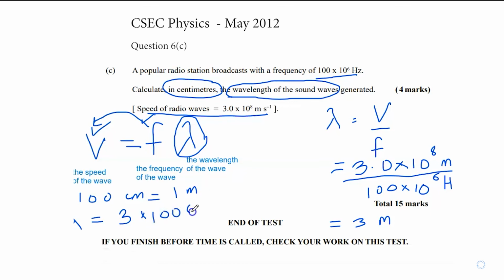And we end up with 300 centimeters. Thus, the wavelength of the wave in centimeters is actually 300 centimeters.